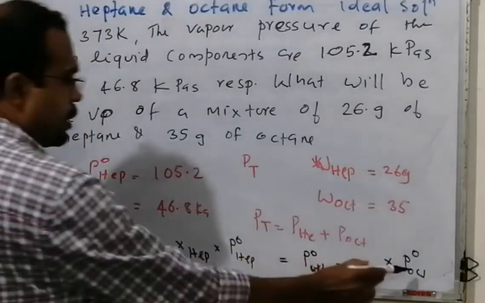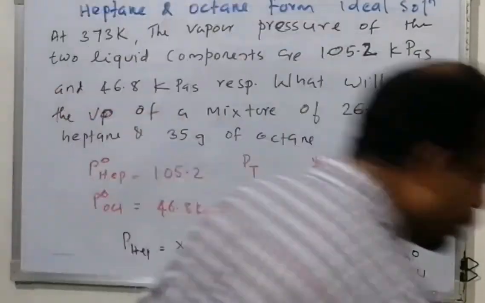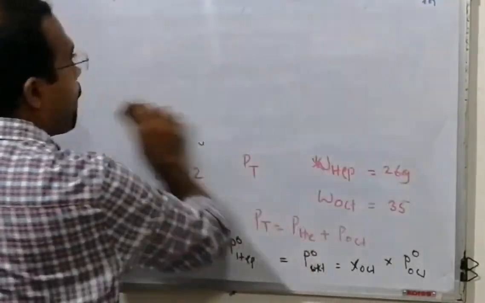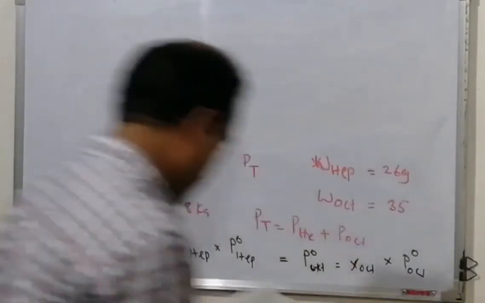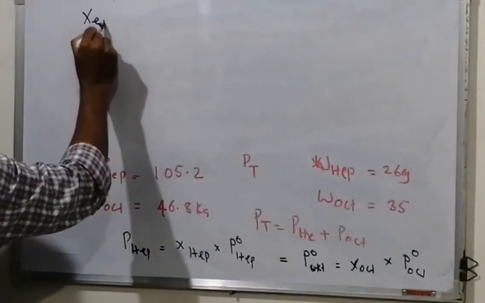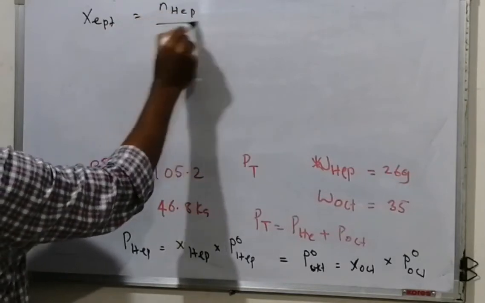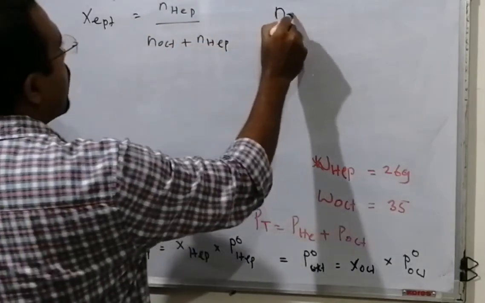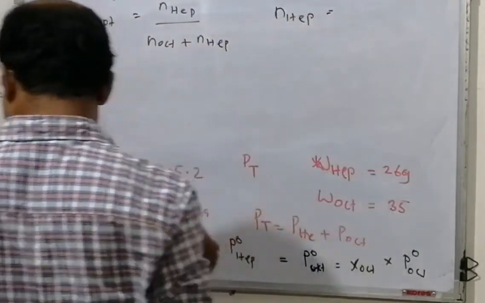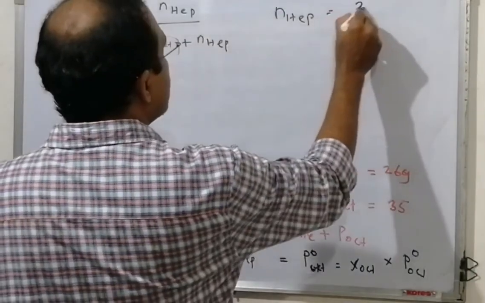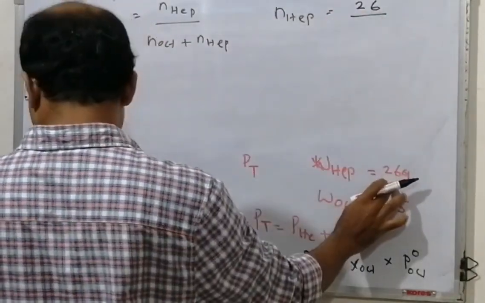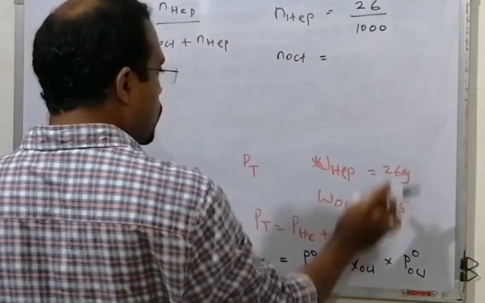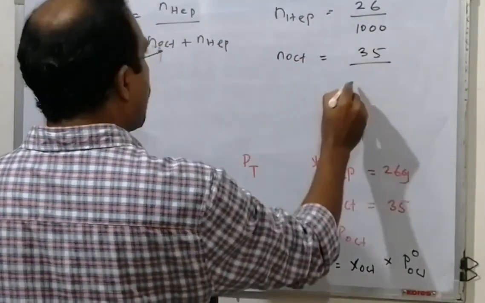Now you know this, but you have to calculate the mole fractions. How do you calculate the mole fraction? Mole fraction of heptane is equal to number of moles of heptane divided by number of moles of heptane plus number of moles of octane. First we calculate the number of moles of heptane: 26 gram, the mass of heptane, divided by molar mass 100. Number of moles of octane is equal to 35 divided by 114.